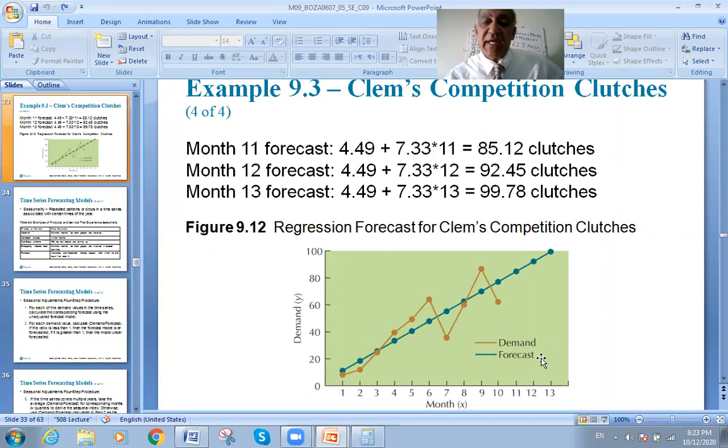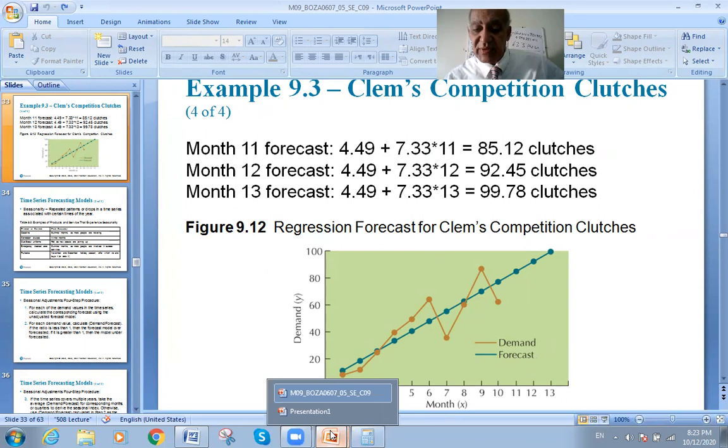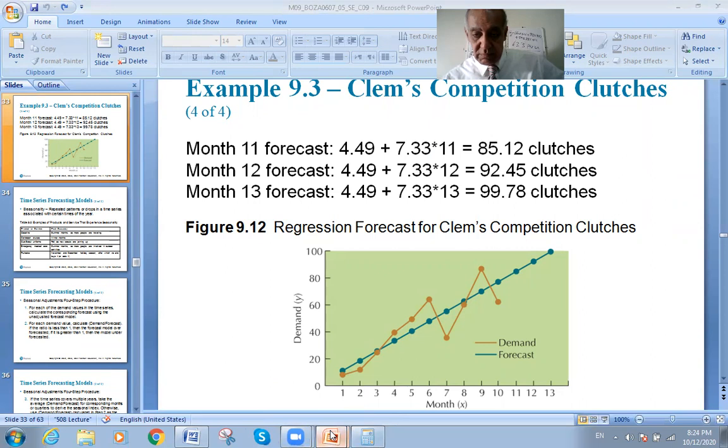Now, if you want to forecast any month, forecast month 11, month 12, month 13, this point I have to discuss on the board so it will be clear for you. I will show it to you on the board now.